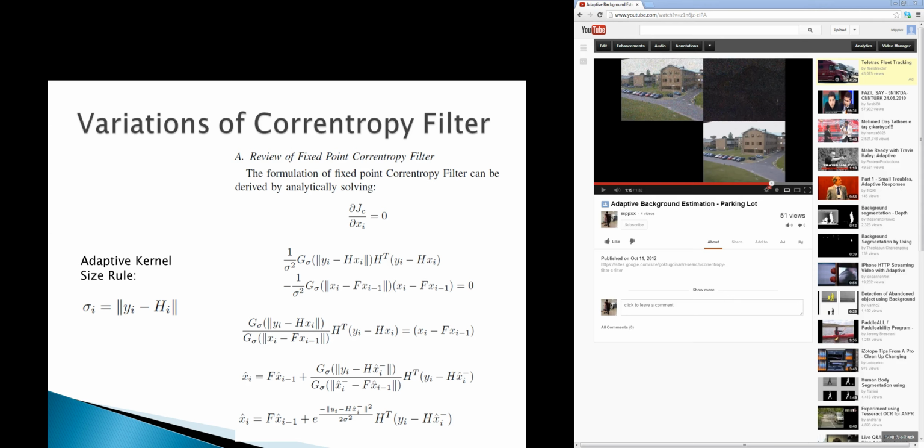As I said, we will also be using variations of the Correntropy filter in this paper. These are fixed point Correntropy filters with adaptive kernel size and fixed kernel size. So instead of using gradient ascent, now we define a fixed point update rule by equating this partial derivative to 0, which then gives us the update rule in this line. We then notice that this term here is the norm of 0, which basically cancels out some of the terms here and then simplifies the update rule to this.